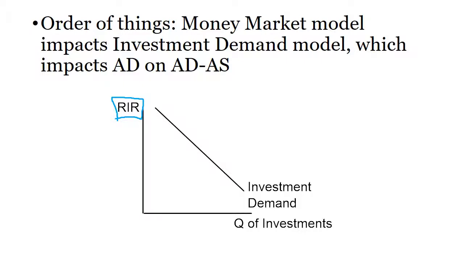If you remember the AD shifters, aggregate demand, our GDP grew. So if consumer spending or investment spending or government spending, if any of those things increase, AD shifts right. So this is all about investment spending, the big I, and that's why it's going to impact aggregate demand. So we're going to see all three models and how they fit together.